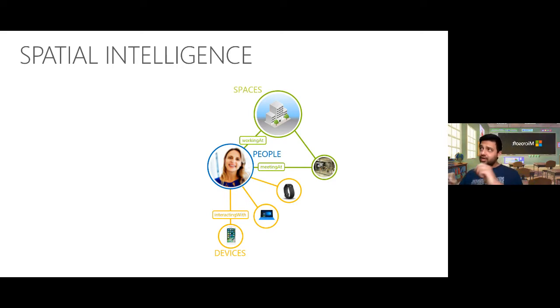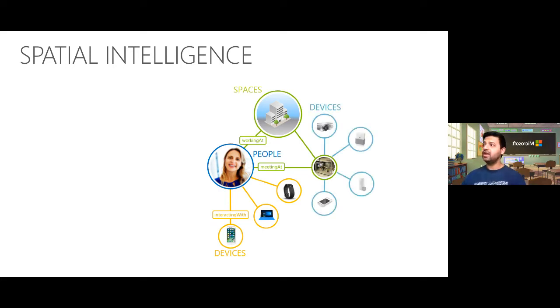And we can then further connect those spaces with various other devices that interact with that space. So if we know that this user is going into meeting room A, and that meeting room has a projector, a temperature sensor, and a VoIP system such as a phone system, we can also ensure we have a better understanding of the user's interaction with the space they're using.